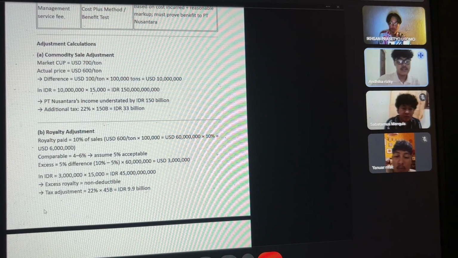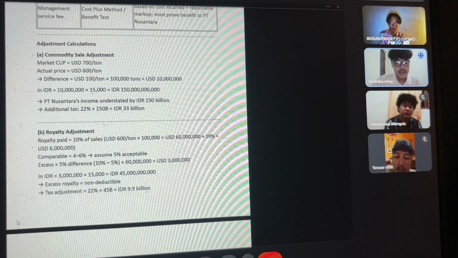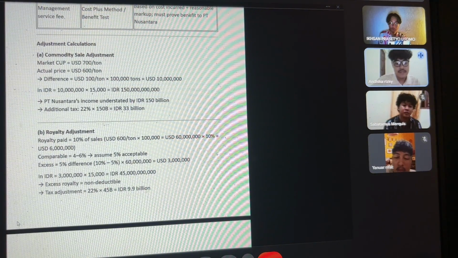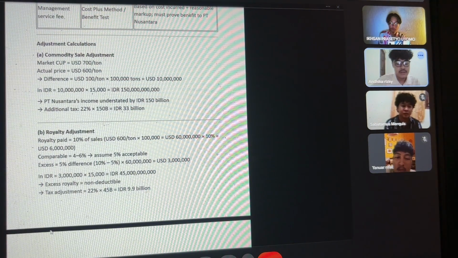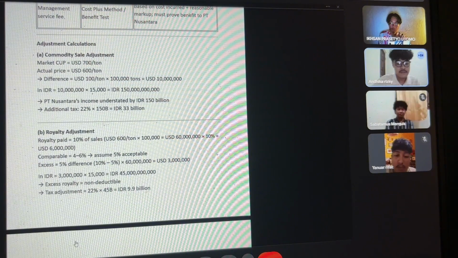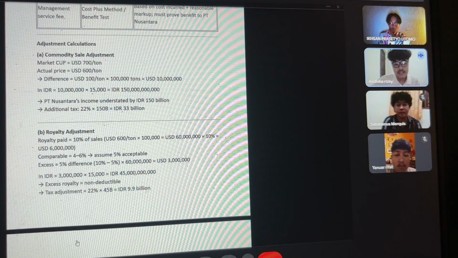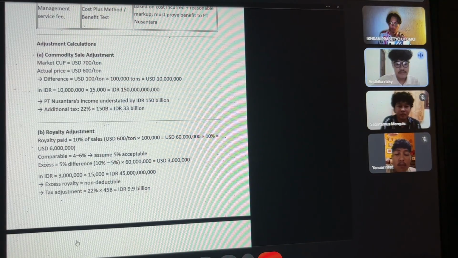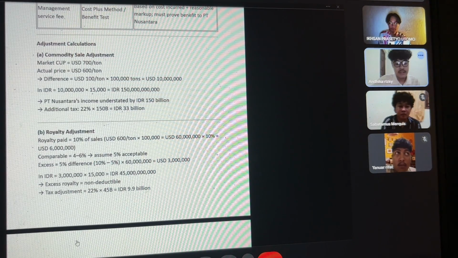The second part is the royalty adjustment. Royalty paid equals 10% of sales, which is $600 per ton times 100,000, which equals $60 million. The royalty is 10% of that, $6 million, and the comparable is 4% to 6%. So we need to assume that 5% is acceptable. The excess is 10% minus 5% times $60 million, which equals $3 million.